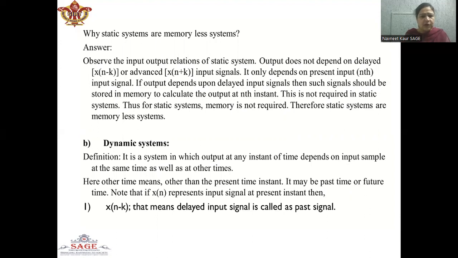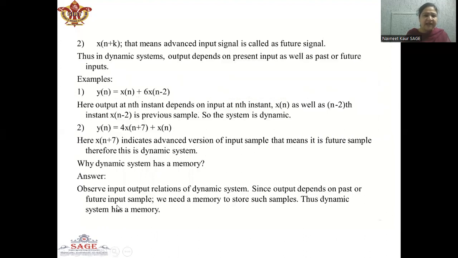So here if I get a term x(n-k), that means there is a contribution of the past input signal. And if I have x(n+k), that means there is a contribution of future signal also. So in that case, the system will be known as dynamic system. Now I'll see the example where y(n) is x(n) plus 6x(n-2). Here output depends on the past input. So this system is dynamic.